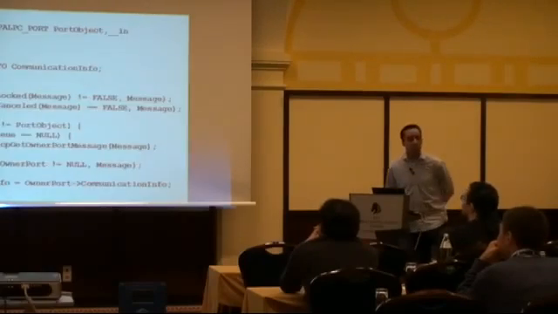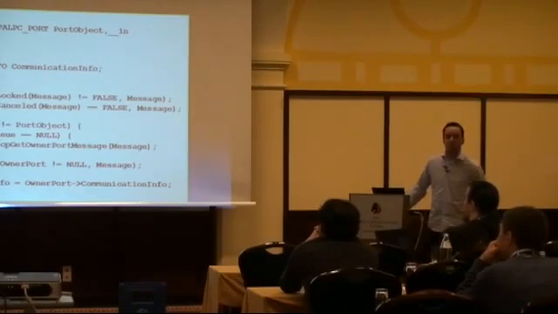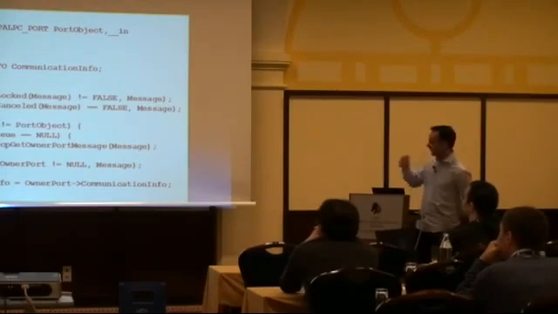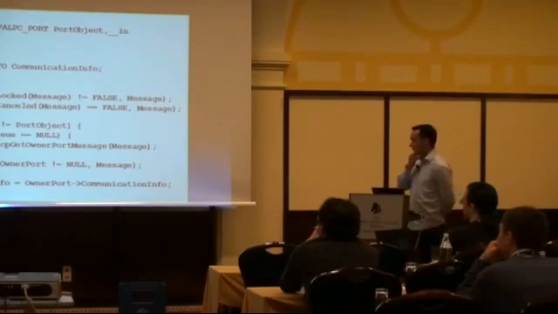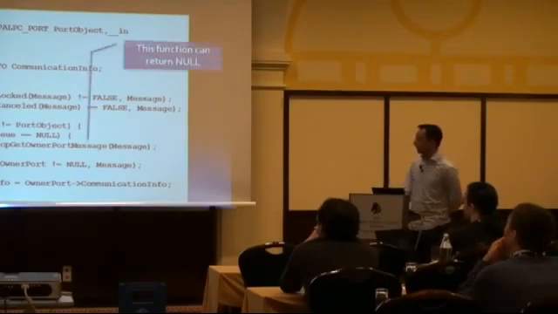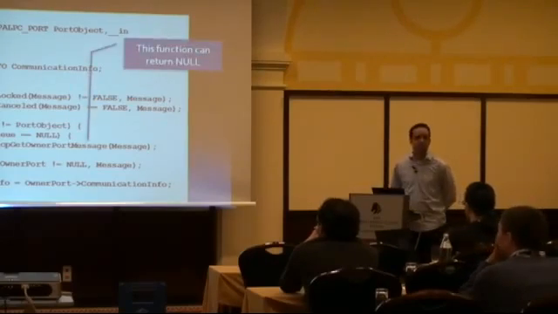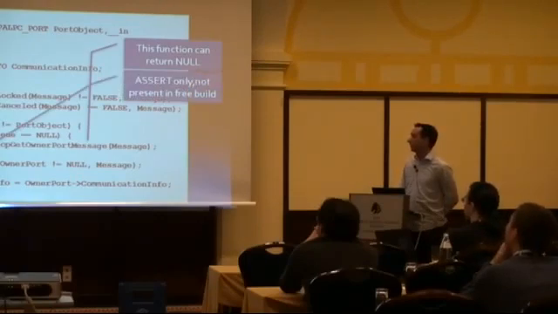ALPC. I can tell you, well, this is a bit difficult because you don't know the definitions of ALPCP get owner port message. So basically, this function can return null. The assert is not being executed.